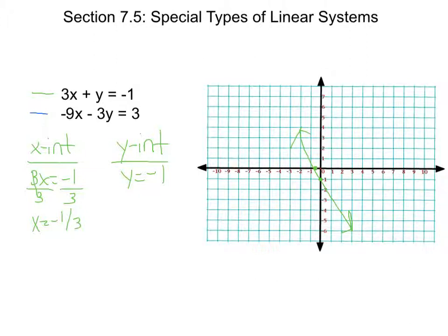All right, and our next line, our x-intercept, we have -9x equals 3. And then our y-intercept, -3y equals 3.